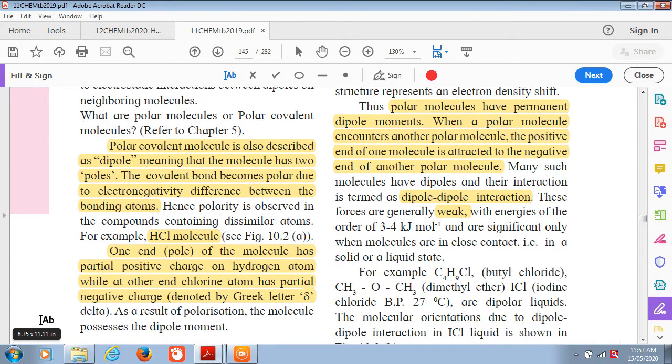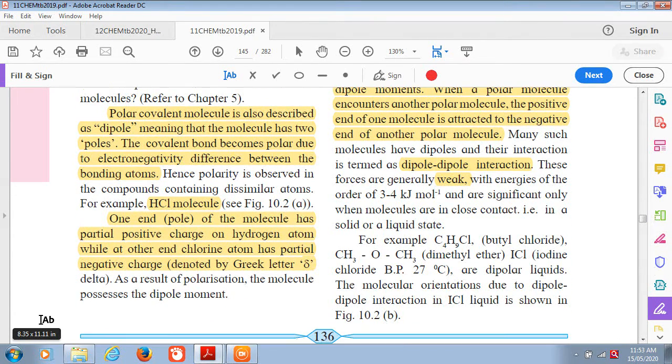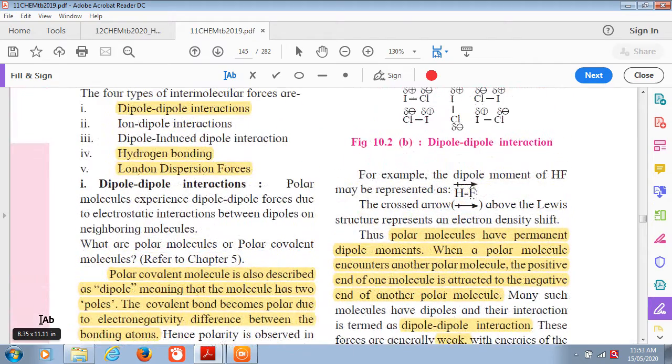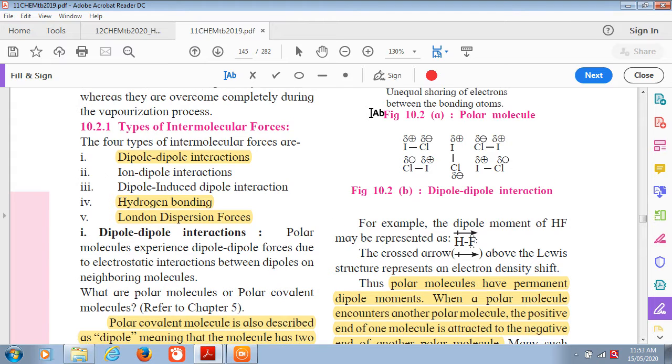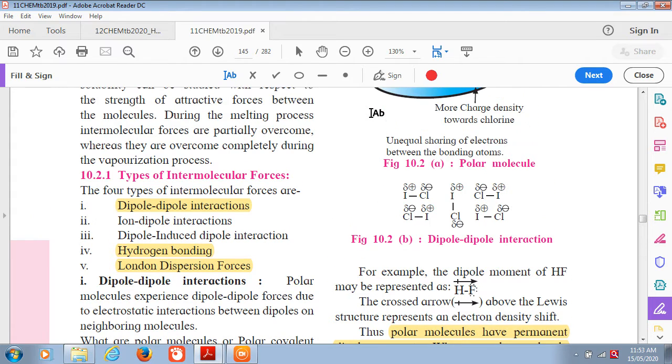So why is there a delta plus and delta minus on H and Cl? It is due to the large difference in their electronegativity.